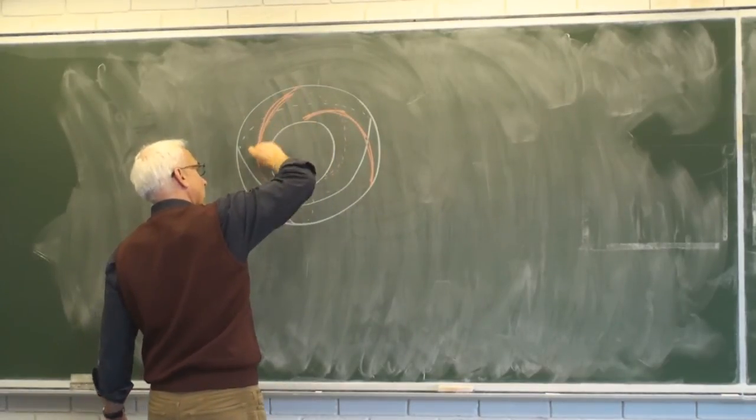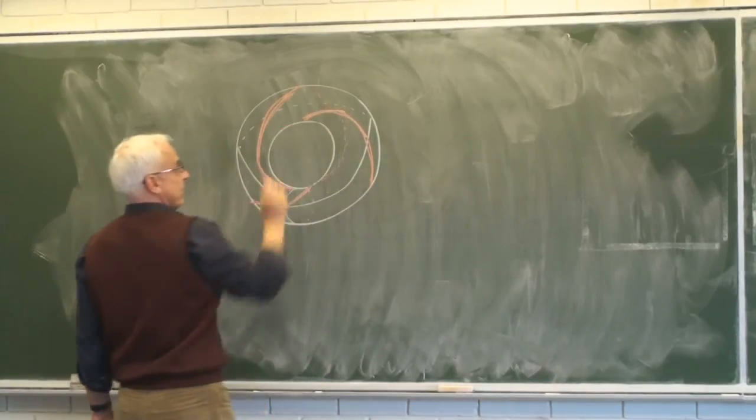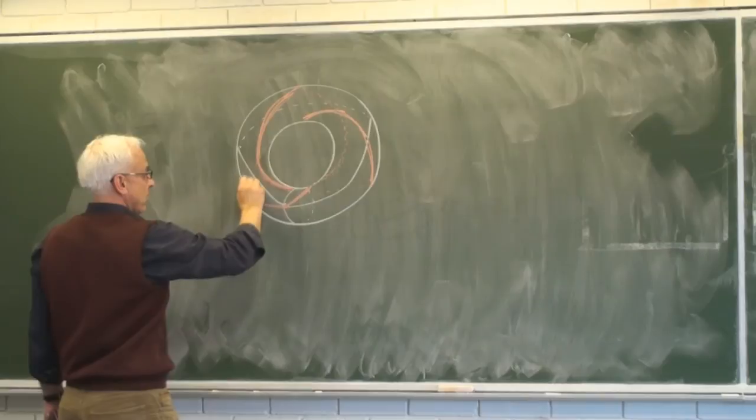Okay, and these dotted lines are the things that are behind that are not actually visible.